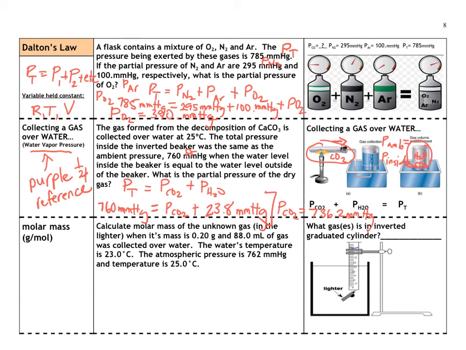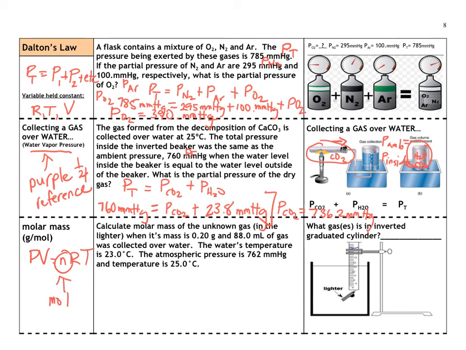So we can actually calculate the molar mass of a gas using the ideal gas law. Once again, PV equals nRT. The part that's really important is the moles.